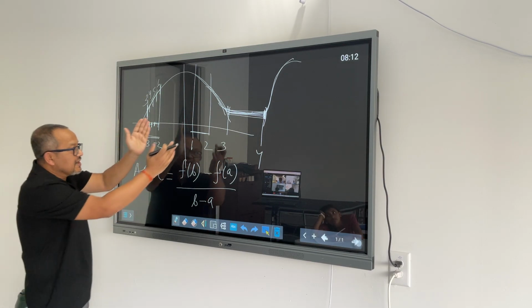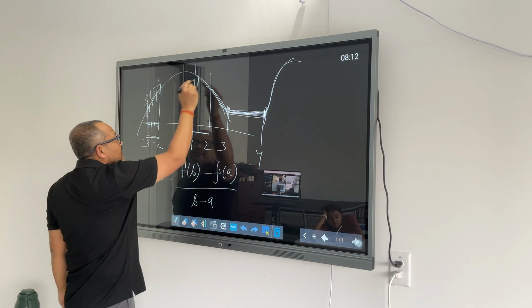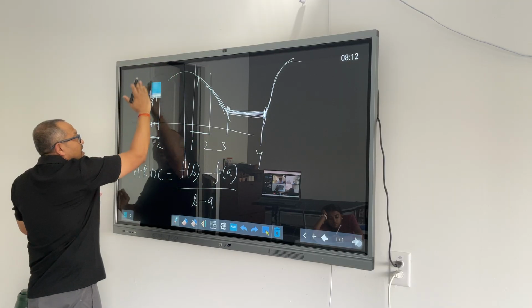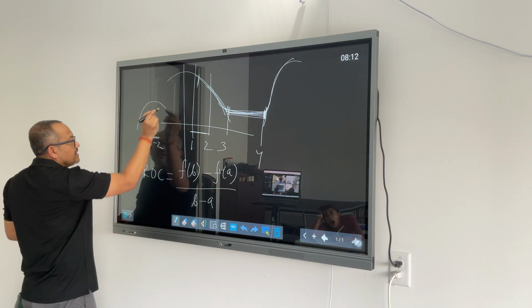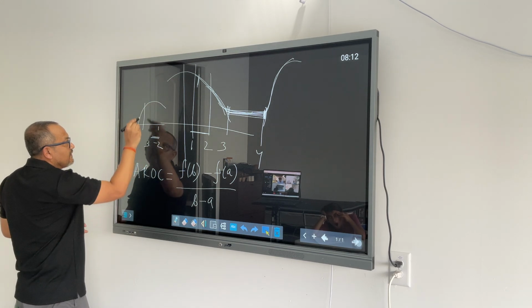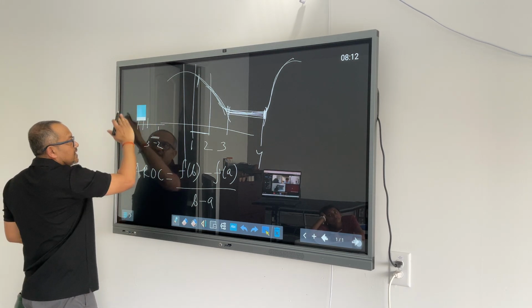If I pick the range where, even if it is going up, let's look at this situation. Let's say my y value is increasing.